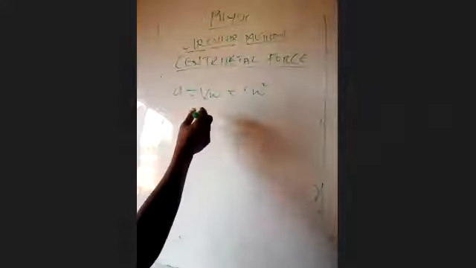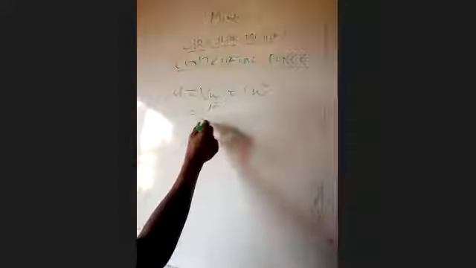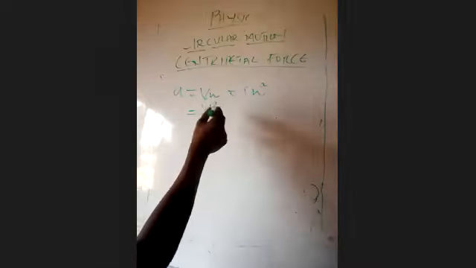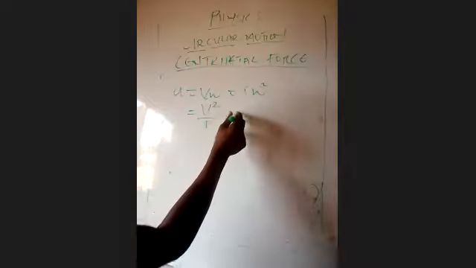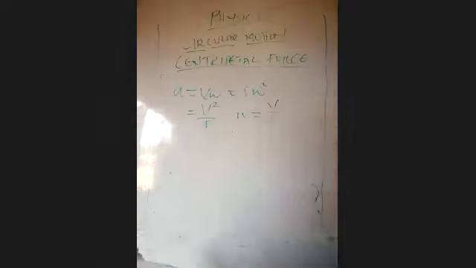Now, this is equal to velocity squared all over R, whereby W will be equal to V all over R.